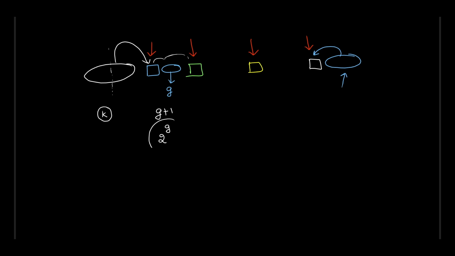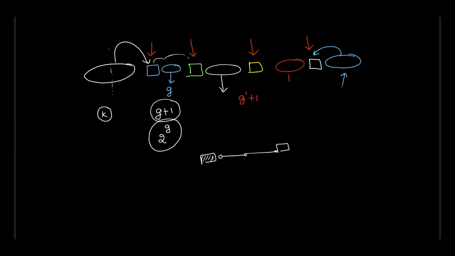Because it is contiguous. So once you have assigned one prefix to the left block, you have to assign the remaining part to the right block. So that's why the total number of ways to split it is g plus 1. And the same reasoning will also follow here. It will be equal to g prime plus 1. And then over here it will be g double prime plus 1, whatever the value of the gap is.